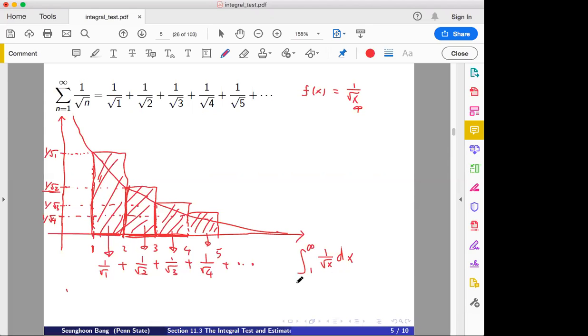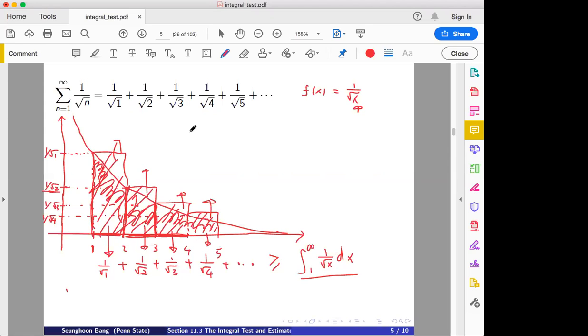The improper integral is the area under the curve, just this area here. Exclude this portion, this one, this one. So the rectangles are bigger.